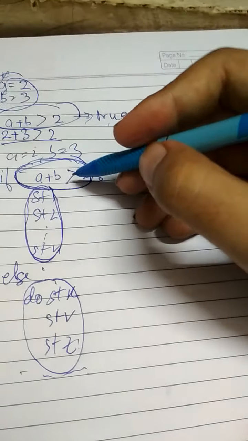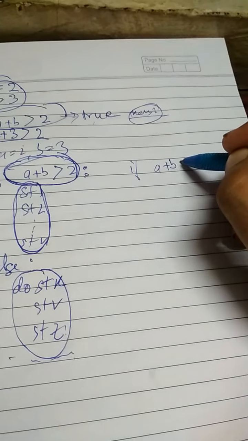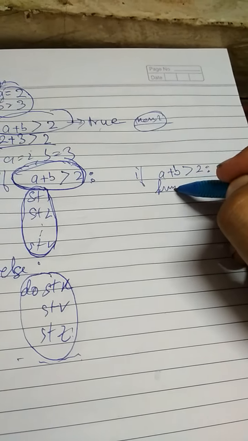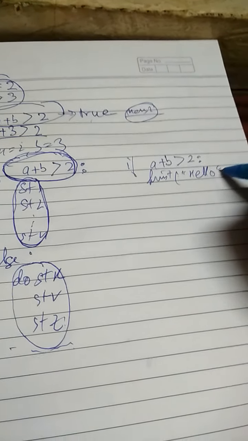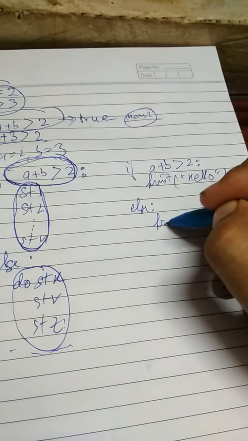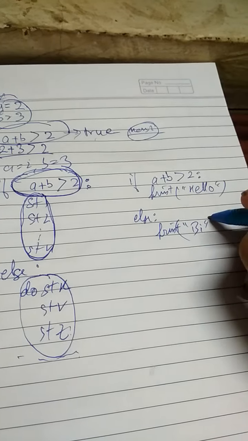So now let's see with an example. If a plus b is greater than 2, then print hello. Else print bye.